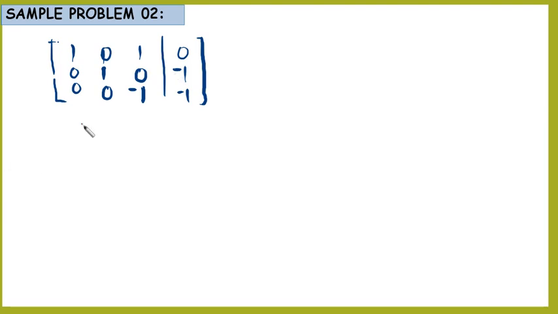So, nagawa na natin itong 1, 1, 0, 0, 0, 0. Gawin naman natin itong 1, yung last diagonal natin. And to make this 1, we just have to divide negative 1 here, di ba? Sa ating row 3. So, in our row 3, para maging 0 yung negative 1 natin, row 3 over negative 1.